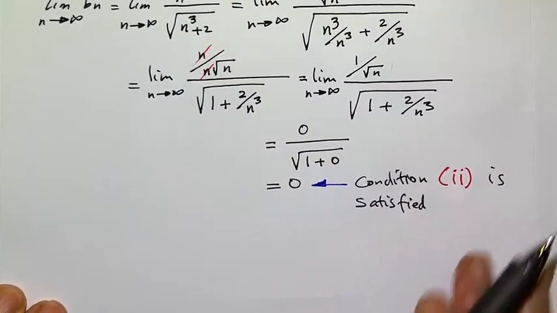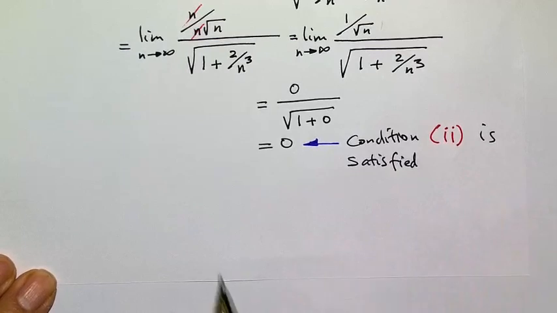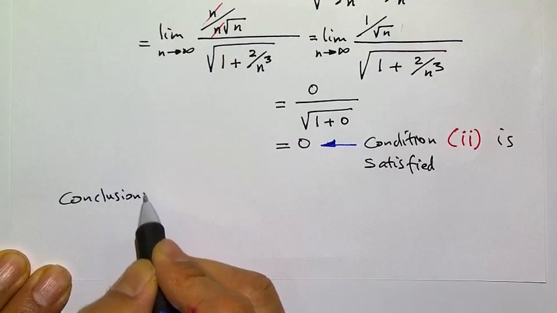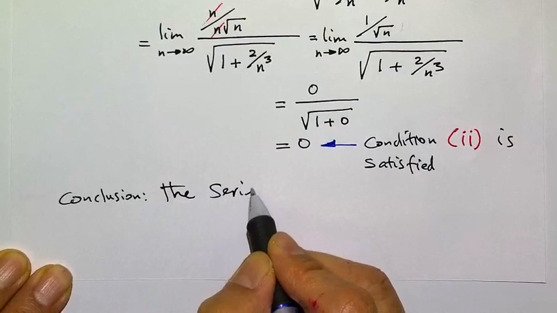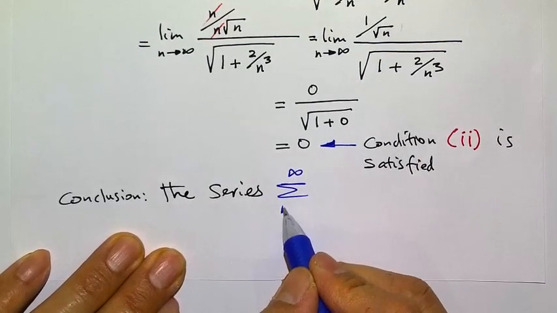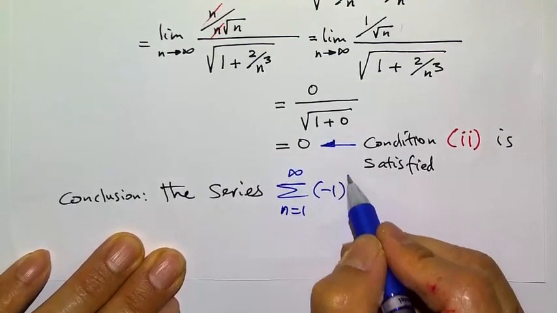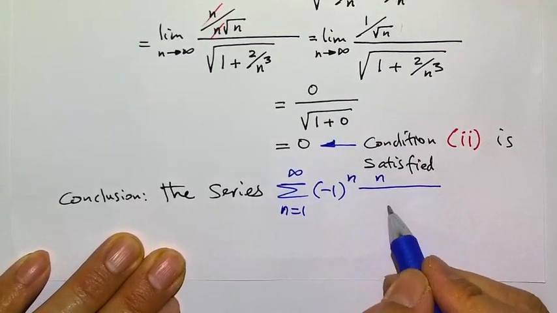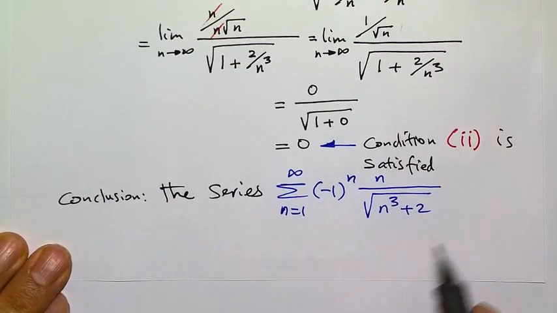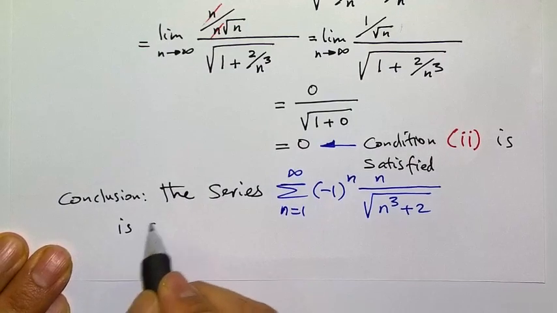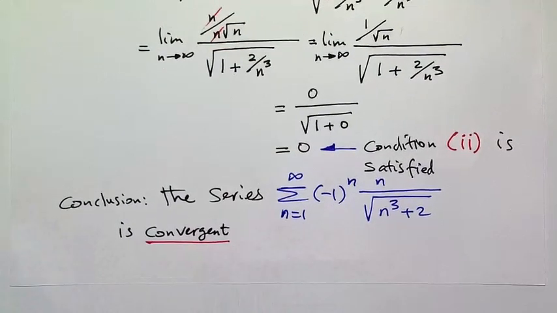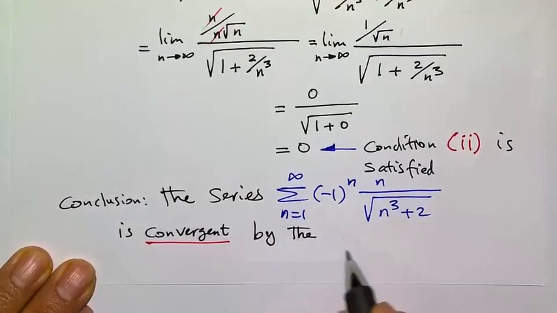So the series, this is our conclusion, is convergent by the alternating series test.